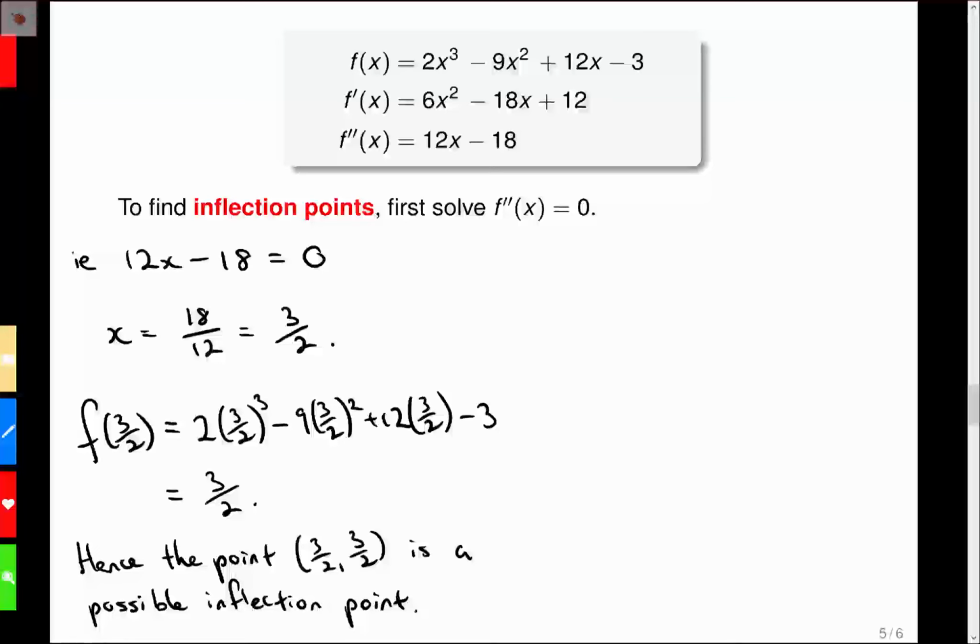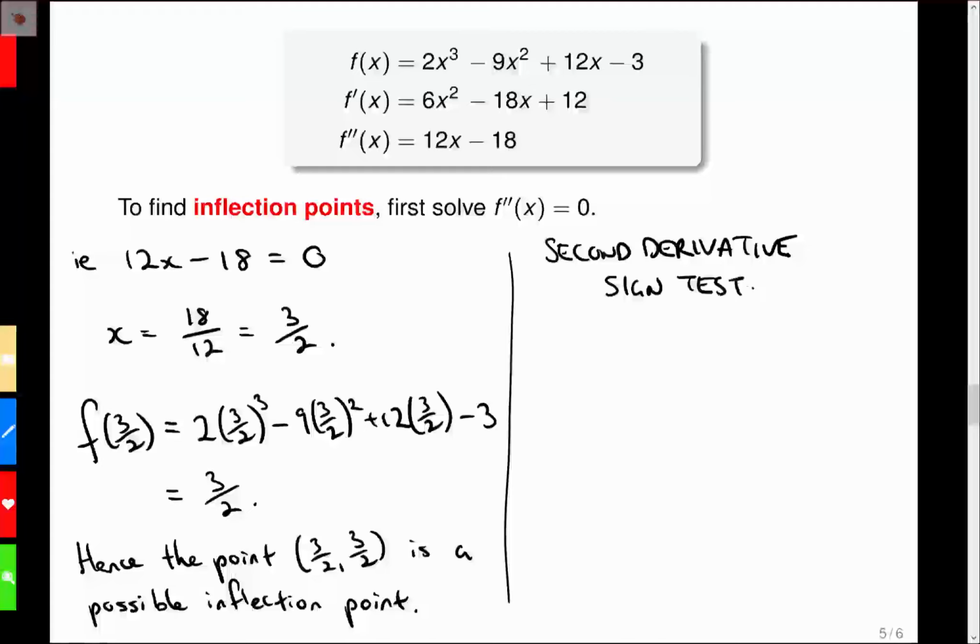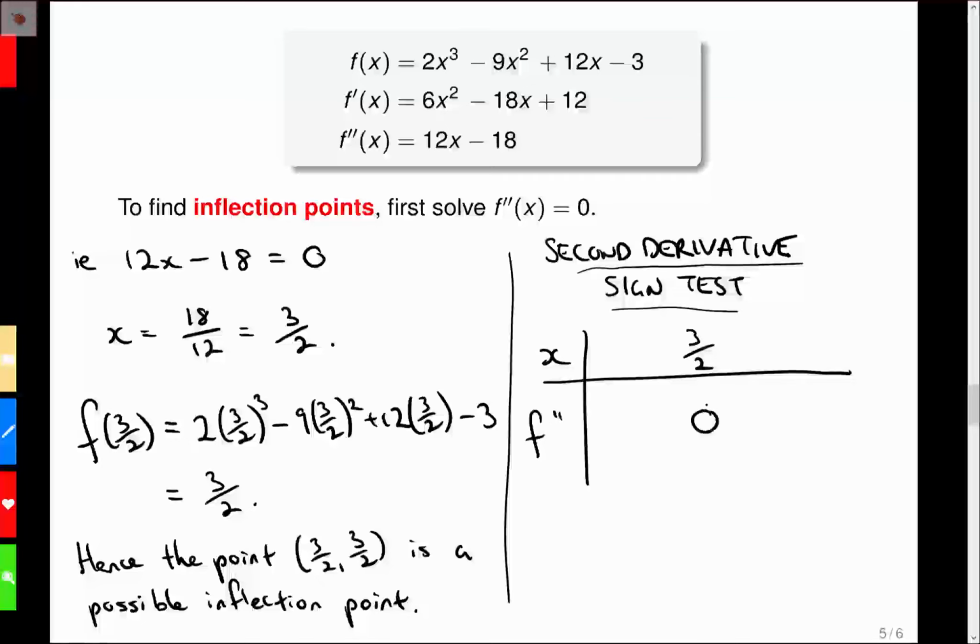To verify that this is indeed an inflection point, we can employ a sign test very similar to before, but this time testing the second derivative. Now, we know that at x equals 3 on 2, the second derivative is 0.